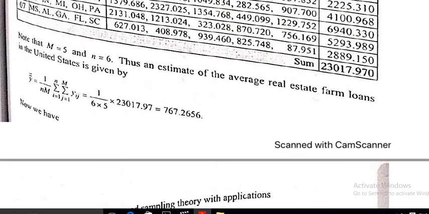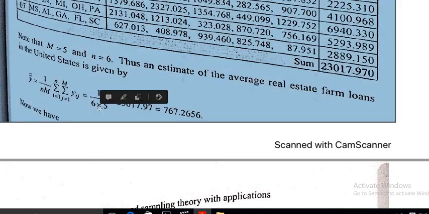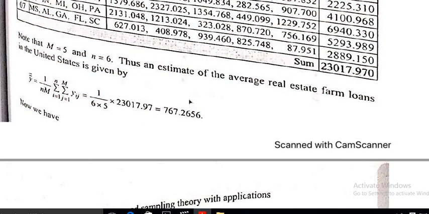Y double bar is equal to 1 over n into capital M, sum of i varies from 1 to n, j varies from 1 to m. This is the sum of all the observations, which is also given in the above table, divided by 6 into 5. 6 is the sample size, that is 6 clusters, and each cluster consists of 5 observations, 5 states.